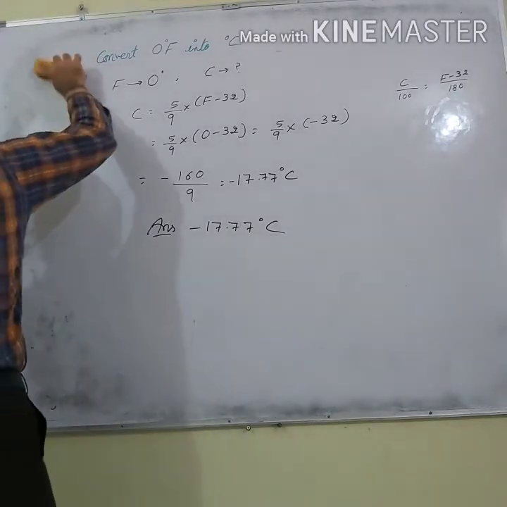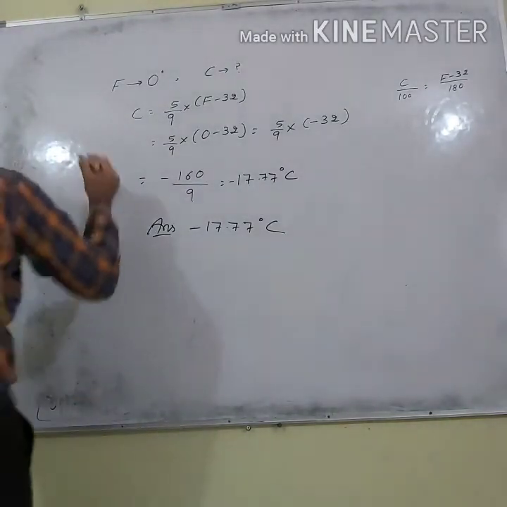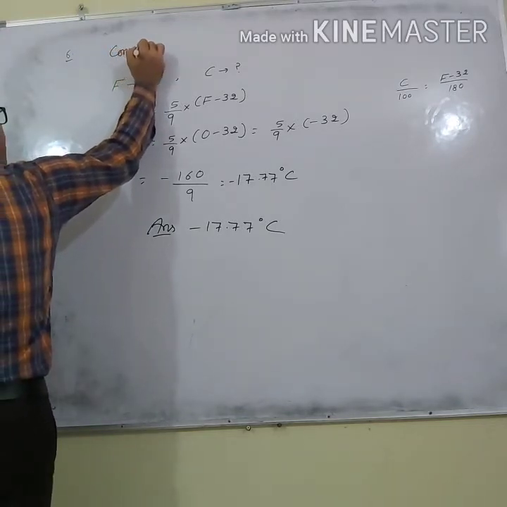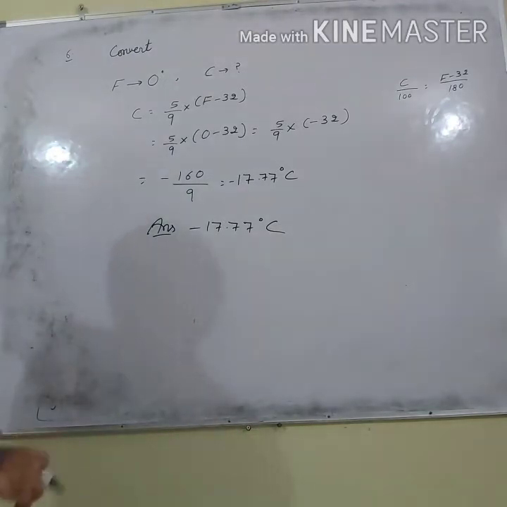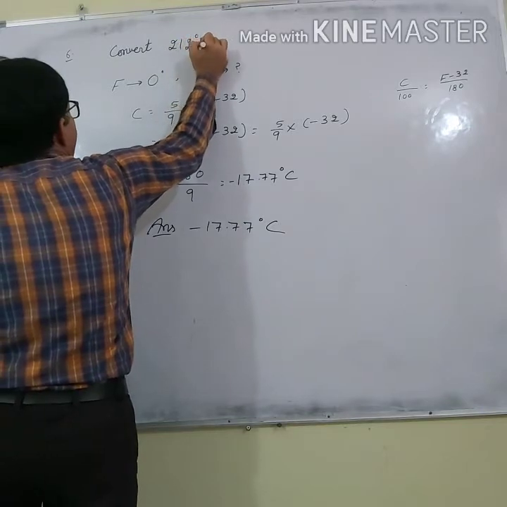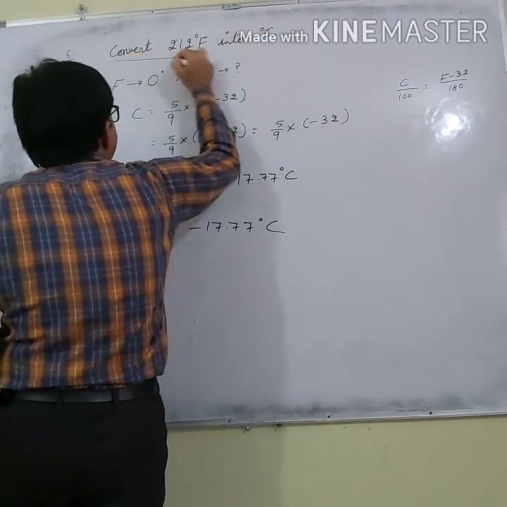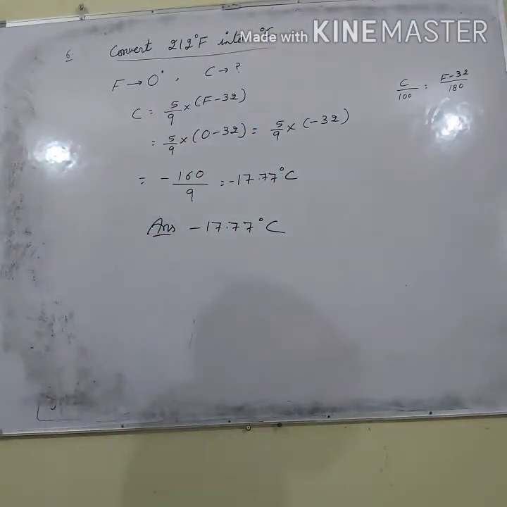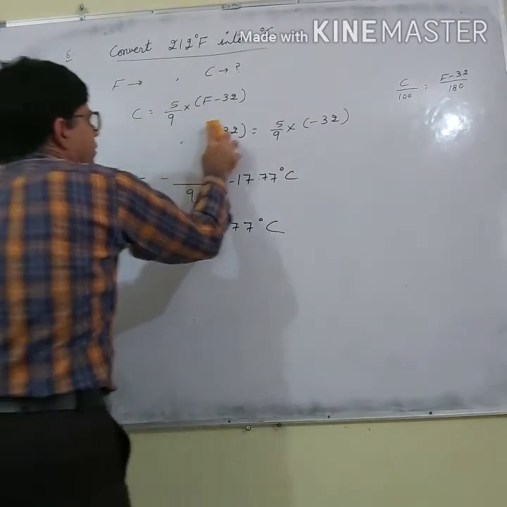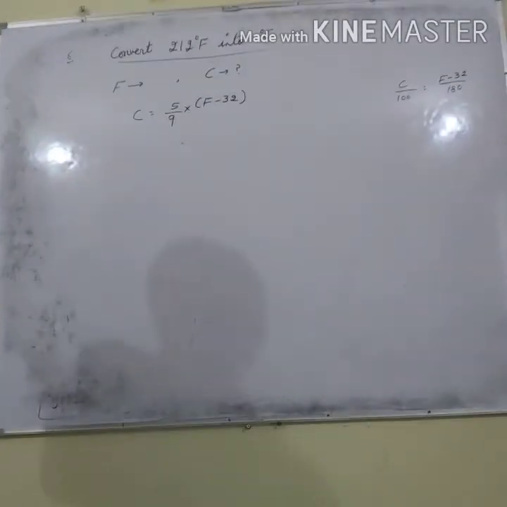6th question. Convert 212 degree Fahrenheit into degrees Celsius. How can I do the conversion? First of all, how much is temperature in Fahrenheit given?